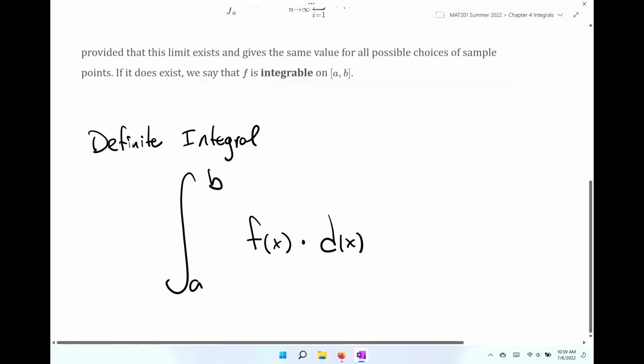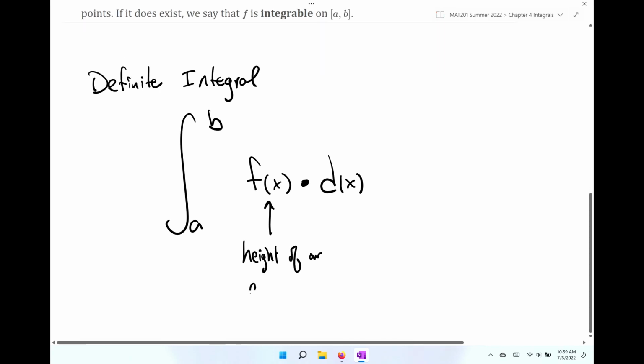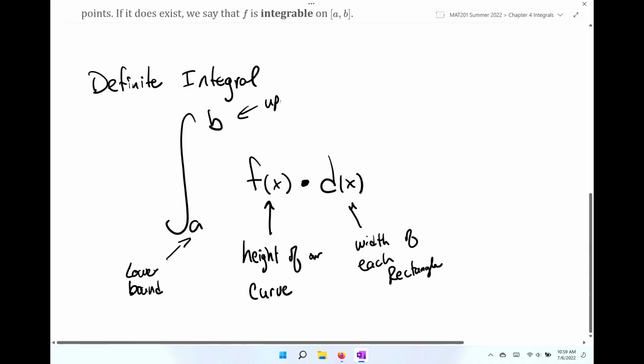The reason is that f of x represents the height of our curve, and dx represents the width of each rectangle. The letter a is what we call our lower bound or lower limit. The letter b is our upper bound or our upper limit. And the elongated S is the integral symbol.